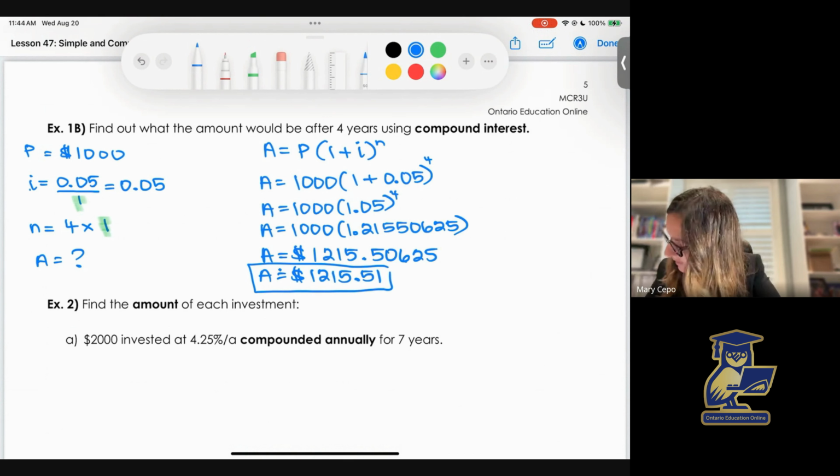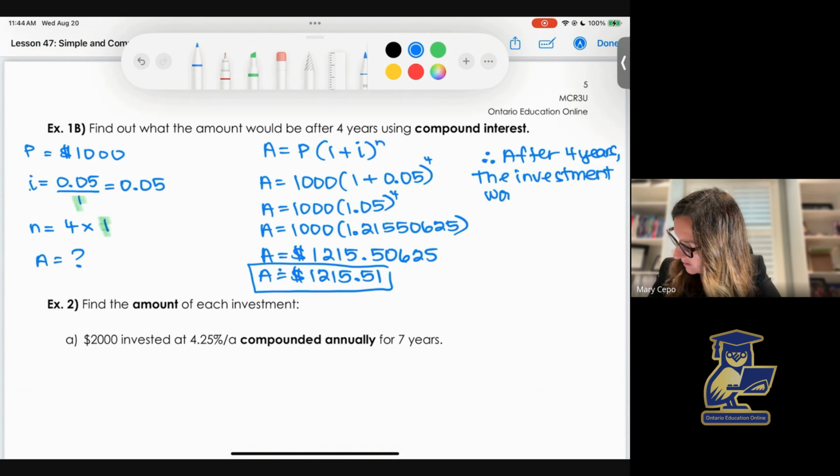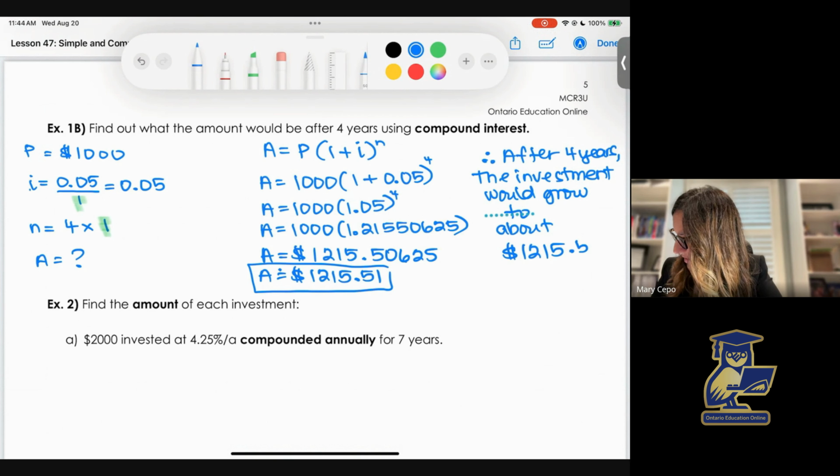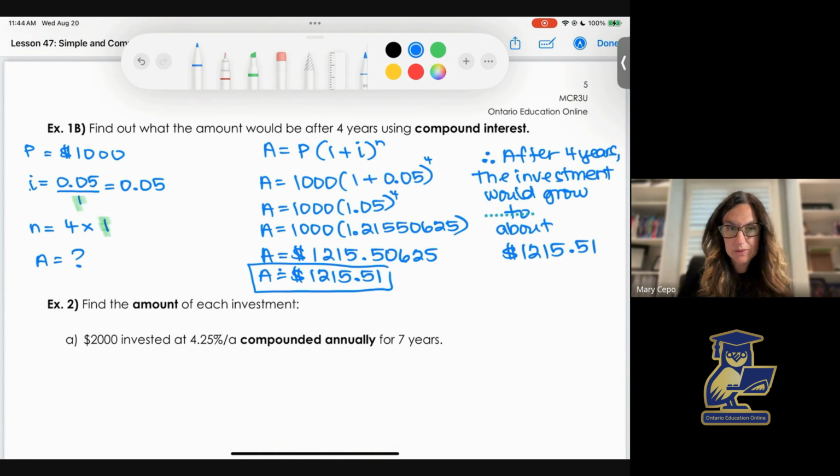So therefore, after 4 years, the investment would grow to about $1,215.51.